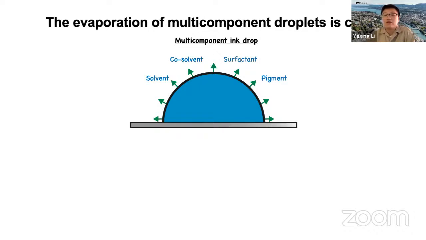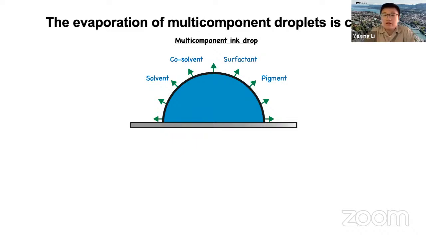But as you can imagine, the evaporation of a real inkjet drop can be very complicated. But it itself is very crucial because it directly determines how good the quality of your printing is. So this is a very crucial step for the inkjet printing company to understand, so they can improve their ink drop and also the printers.